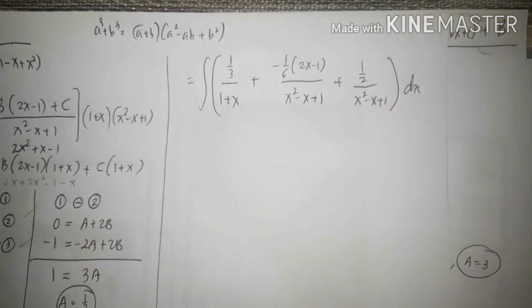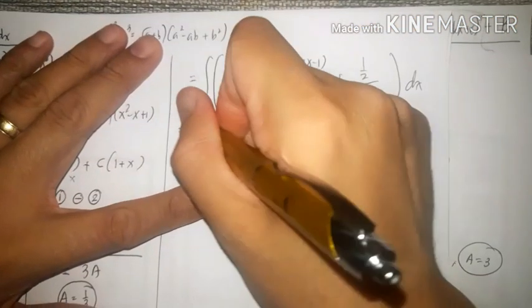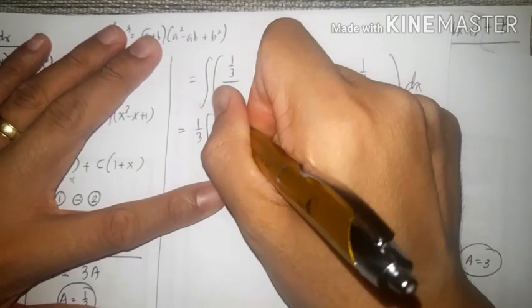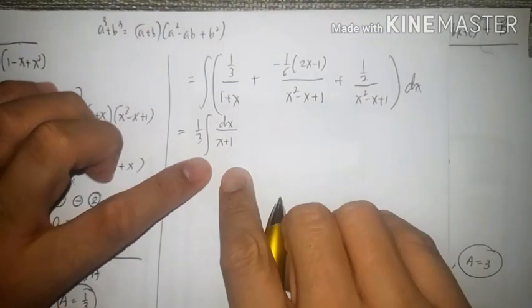You have dx here. And then you have 1/3 integral of dx over x plus 1. That can be written that way.